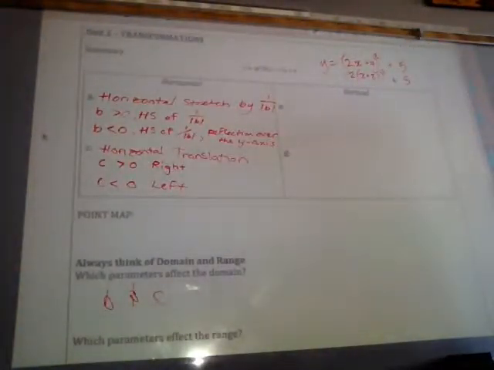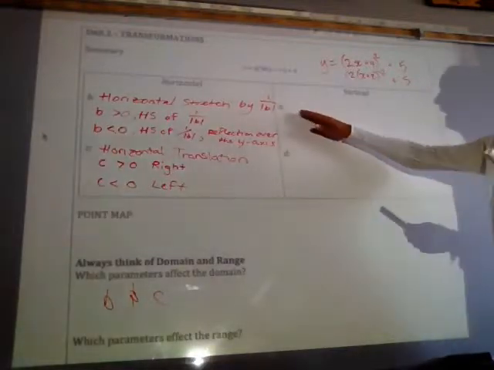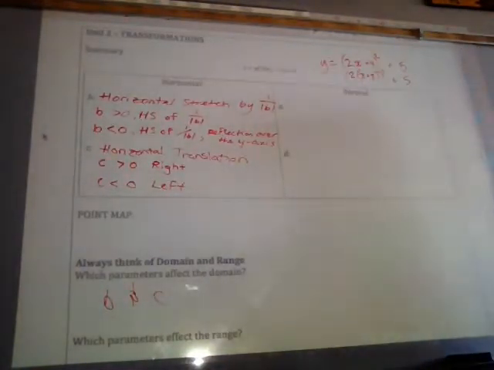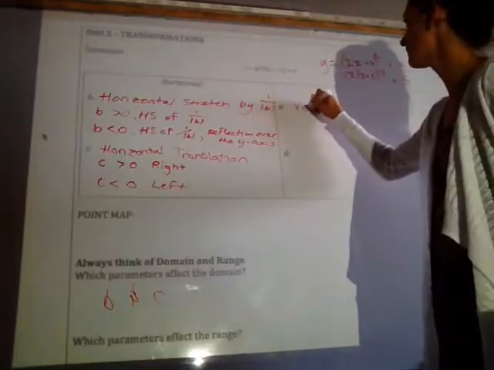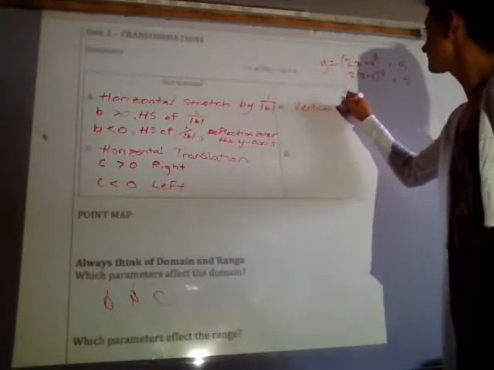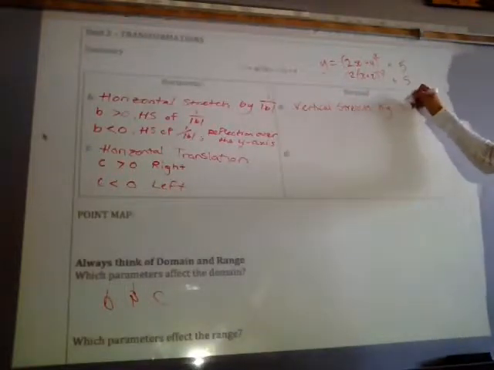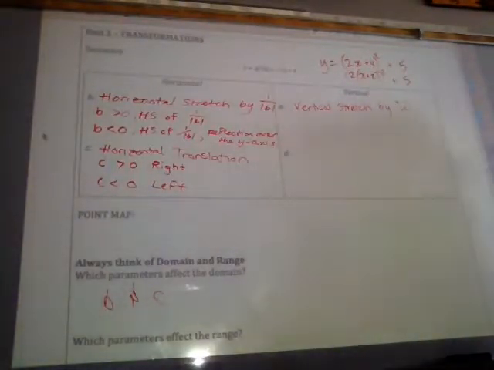We also have some vertical transformations starting with A. A is always going to be in front of the original function, and that's a vertical stretch by factor A. So whatever A is, that's what we're stretching by.